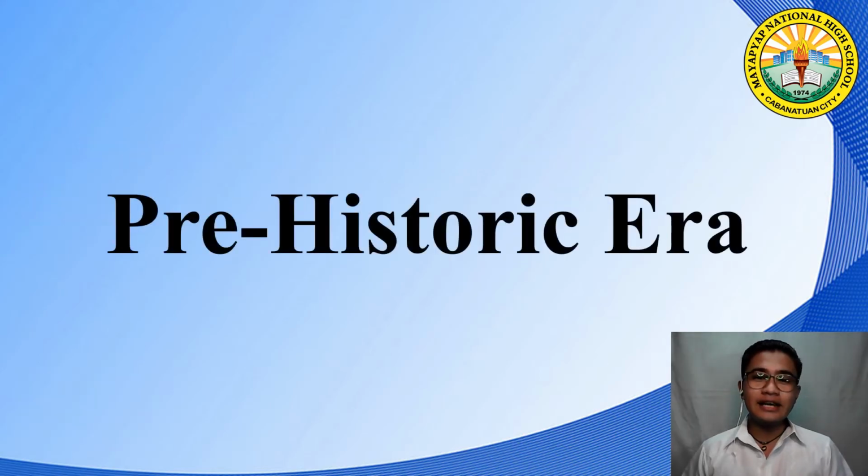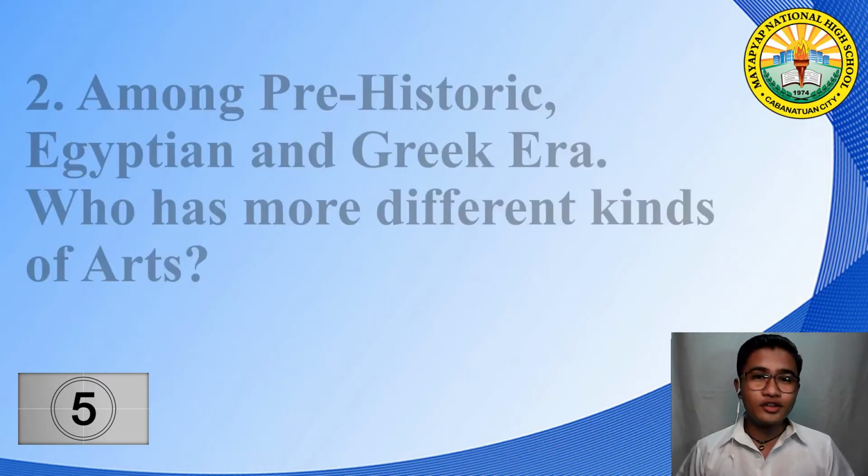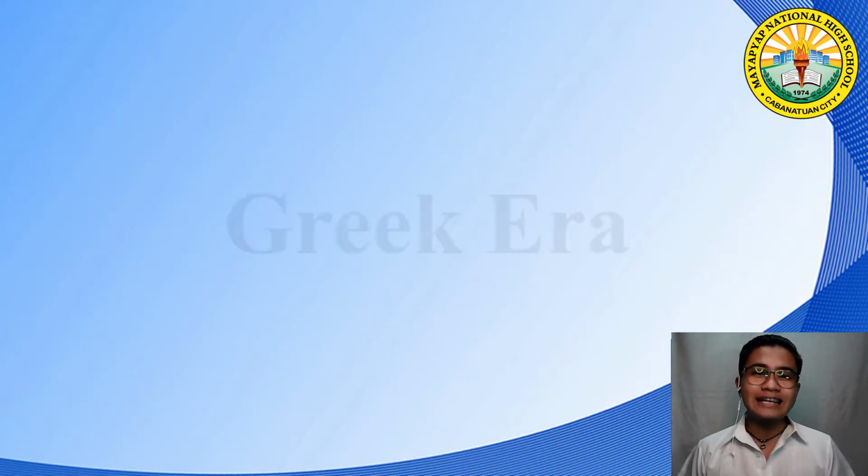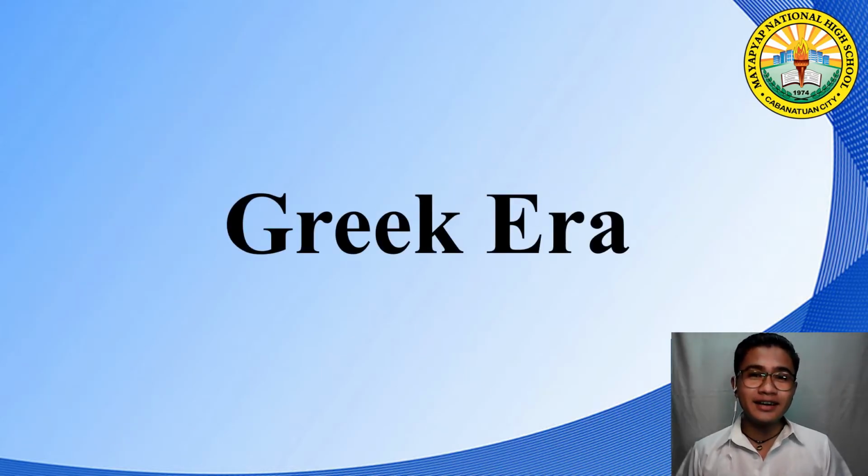The answer is prehistoric era. The second question is, among the prehistoric, Egyptian, and Greek era, which has more different kinds of arts? You have 5 seconds to answer. Correct! The answer is Greek era.